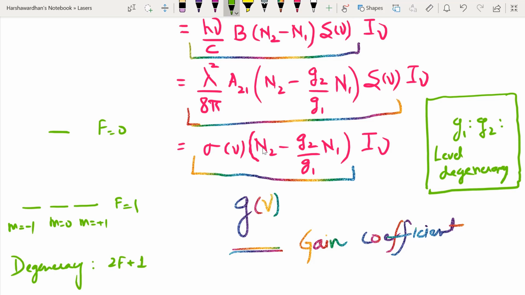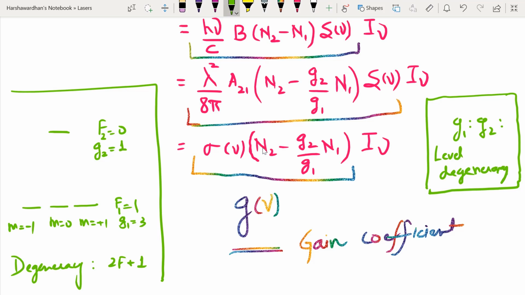Given such a scenario, in the ground state the G1 factor, where G1 corresponds to the ground state, is 3 because there are three different states. And on the excited state, G2 is just 1. I'm calling this F1 and this F2, corresponding to the ground and excited state.